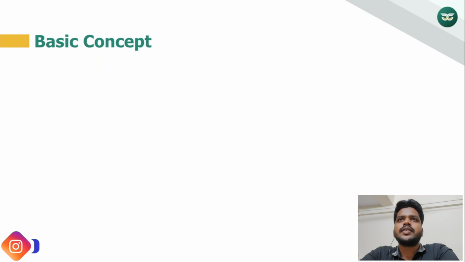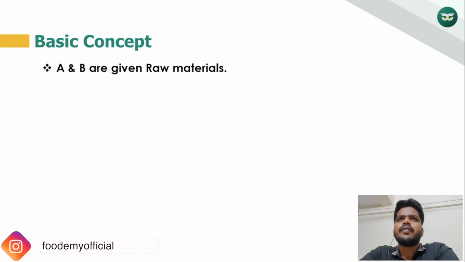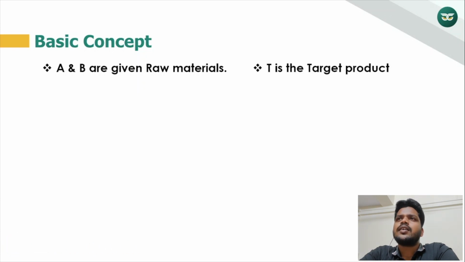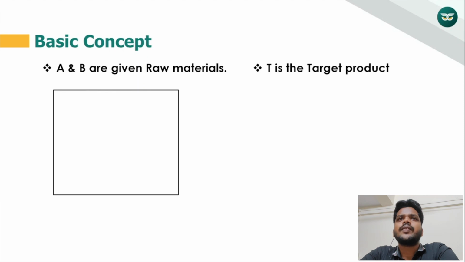We will see the basic concept. Here we have raw materials A and B with some concentrations. We also have a target product, which is what we have to find, with concentration T. In this concept we draw a square box, and mention the concentration of the raw materials on the left side of the box.